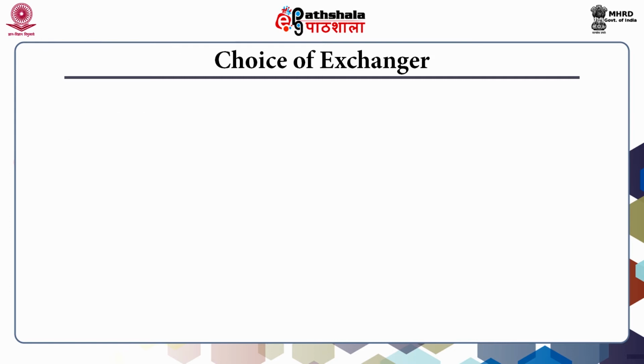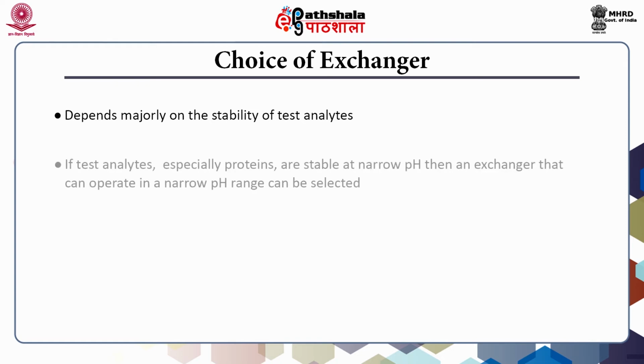The choice of exchanger mainly depends upon the stability of the test analytes. If the test analytes, especially proteins, are stable at a narrow pH range, then an exchanger that can operate in the narrow pH range can be selected.